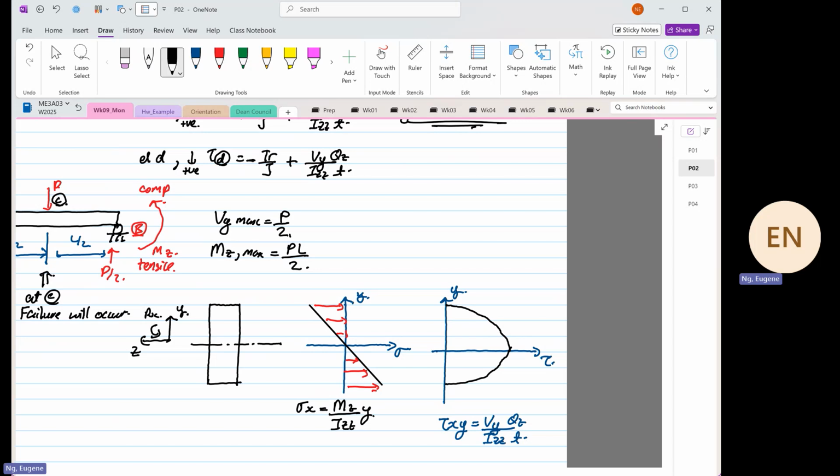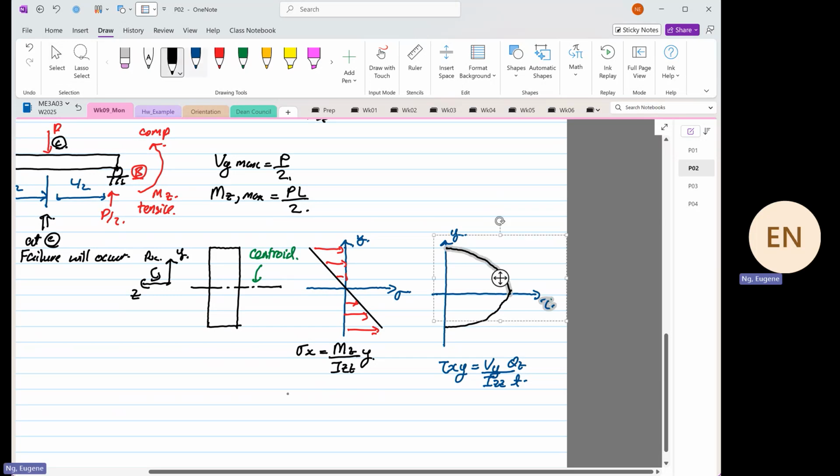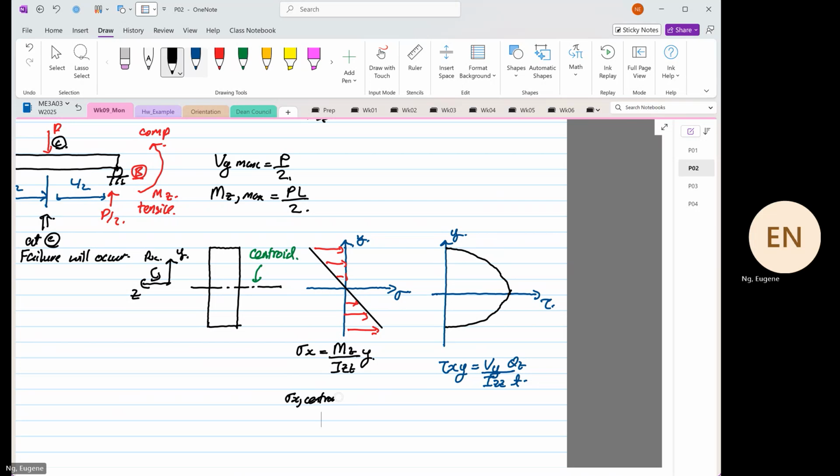Can someone make a comment on this graph, please? What can you see? I want you to focus on the centroid. At the centroid, what is the normal stress? Anyone? At the centroid, the normal stress is equal to what?